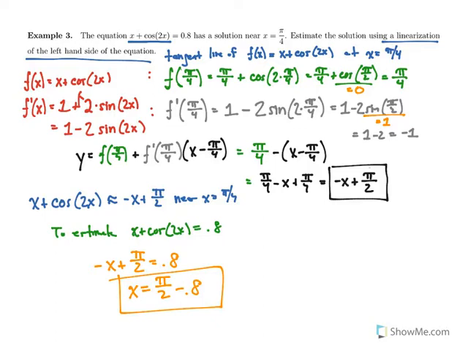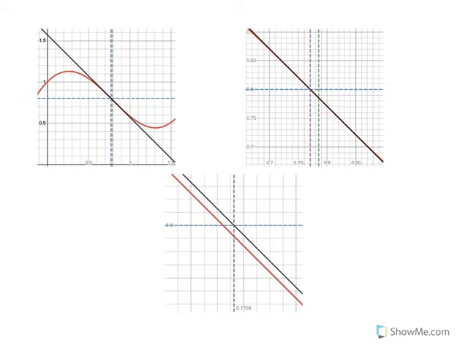If we think about what we did graphically on the next page, we have our actual function x plus cosine of 2x in red here. And we have our tangent line given in black. And these dotted lines here are the values.